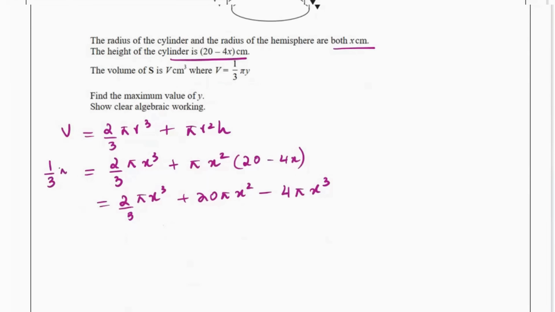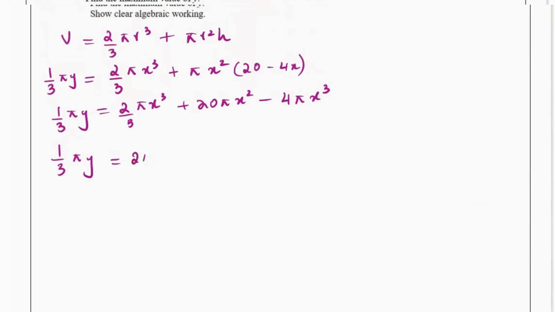So this equation is the same as 1 over 3 pi y. Now if we use the right hand side and simplify it, this is going to equal 2 pi x cubed plus 60 pi x squared minus 12 pi x cubed, divided by 3.